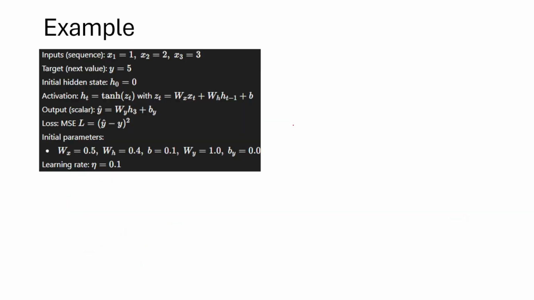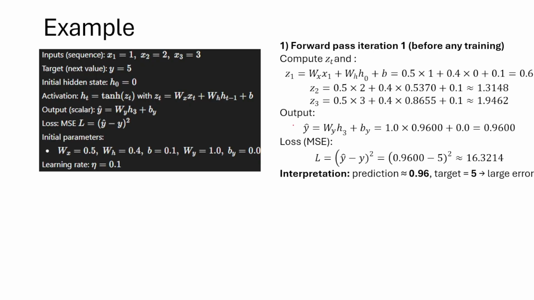Let's look at this example for better understanding. So let's make a forward pass where the input is 1, 2, and 3. The target, as we said, is 5. The initial hidden state is 0.